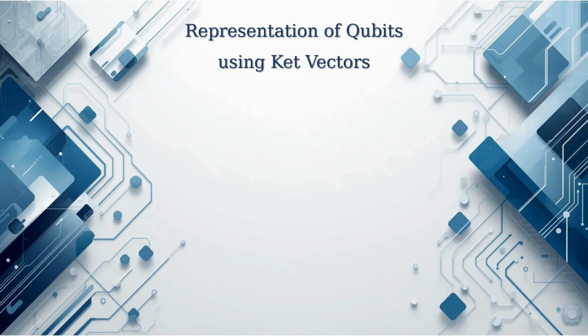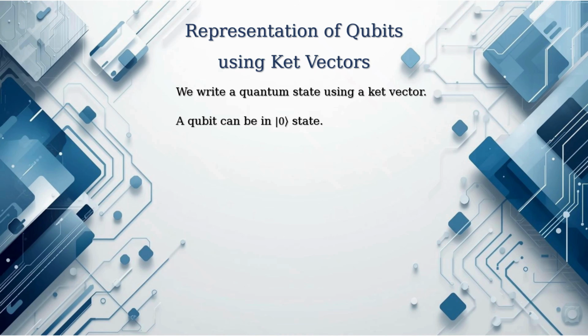We write a quantum state using a ket vector. If a qubit is in the state |0⟩, we write it as |0⟩. And when a qubit is in the |1⟩ state, we write it as |1⟩.